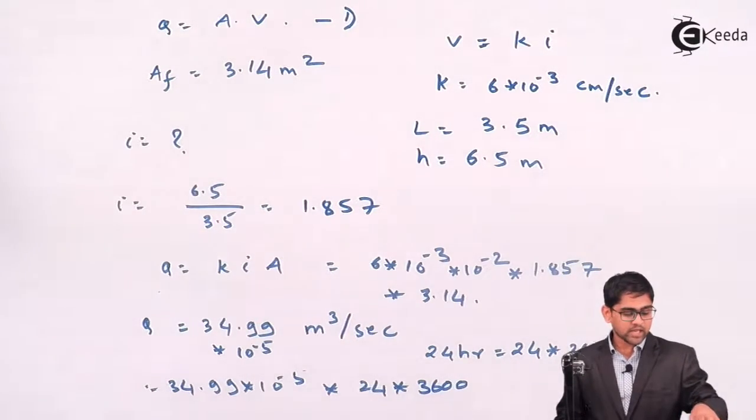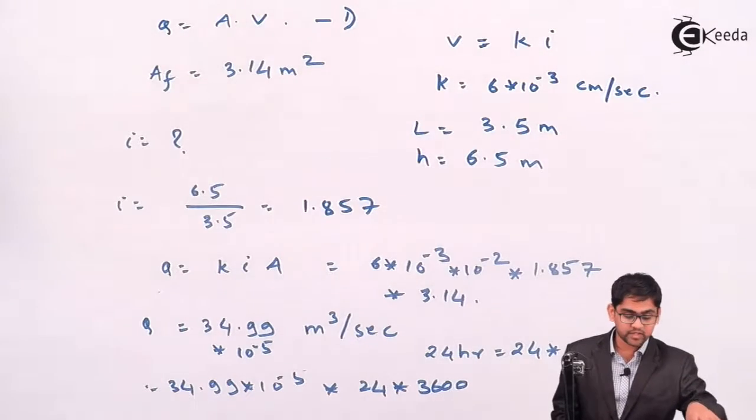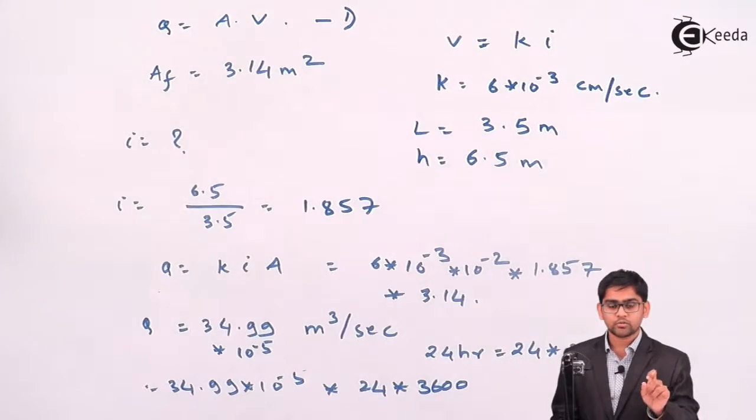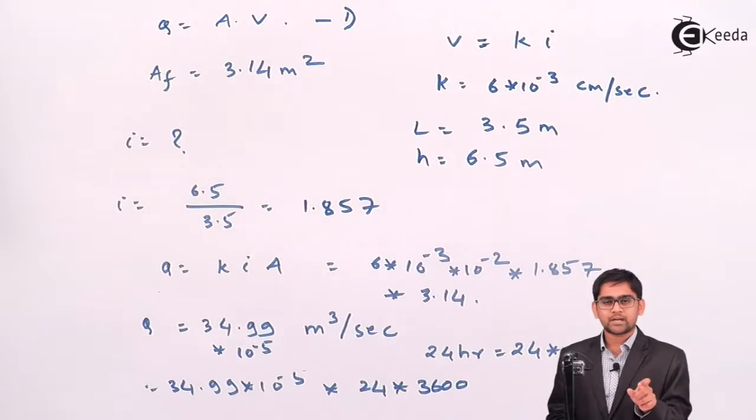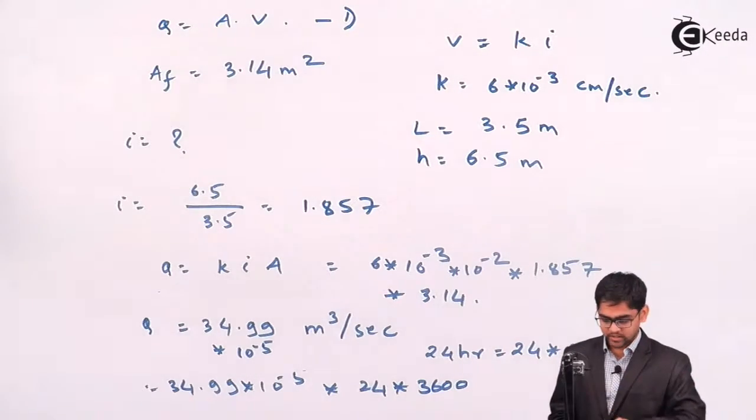If it had been given that the working efficiency is 30% or 40%, then you need to multiply by that factor into 24 hours, which indicates that only that much of the time the filter is working.